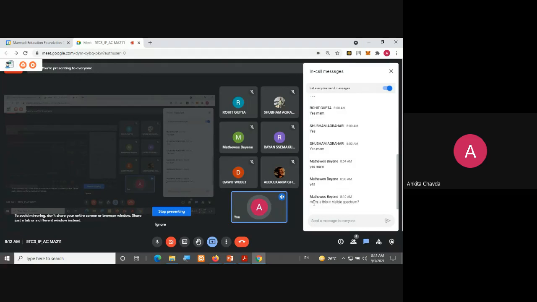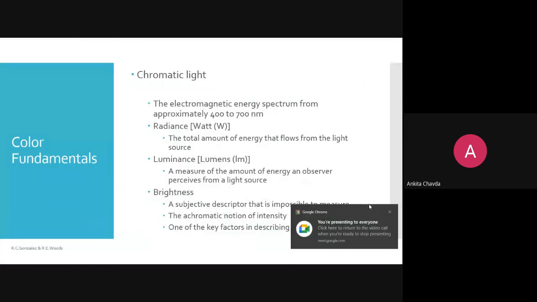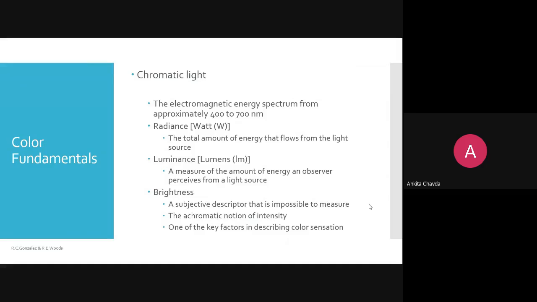Yes, what you are asking, Matthews, is this invisible spectrum. This is what I already explained. But you joined late, no? Of course, this would be the invisible spectrum, right? Because humans can see only in the visible spectrum.